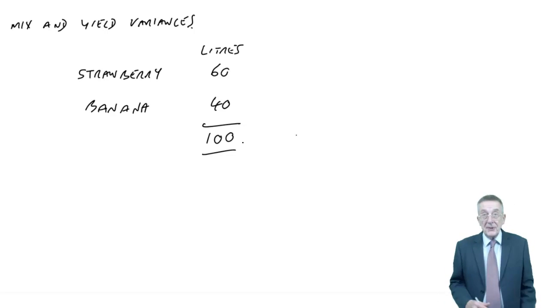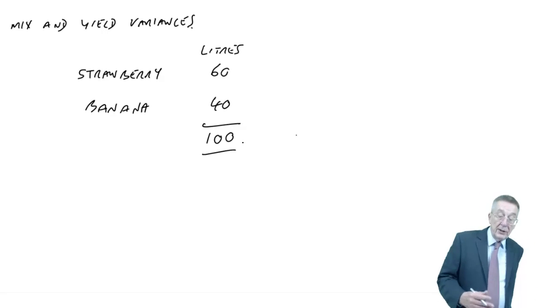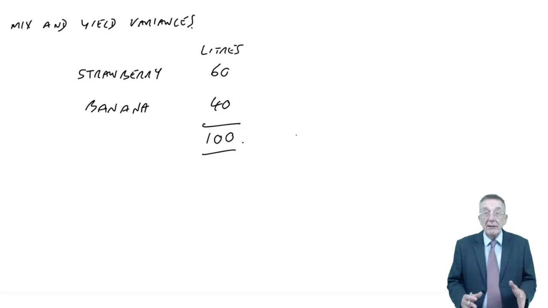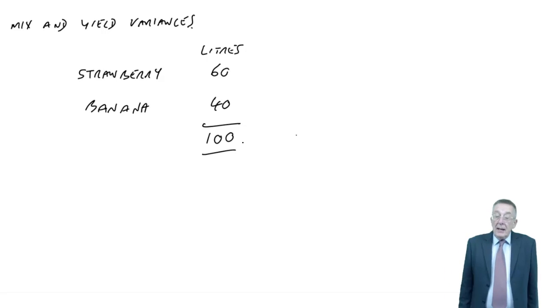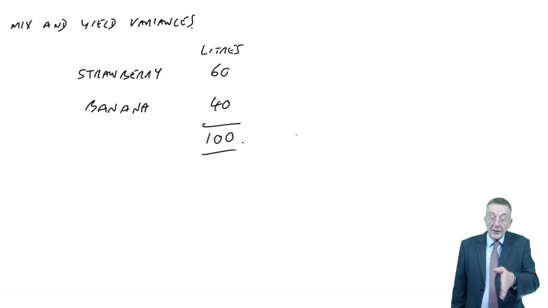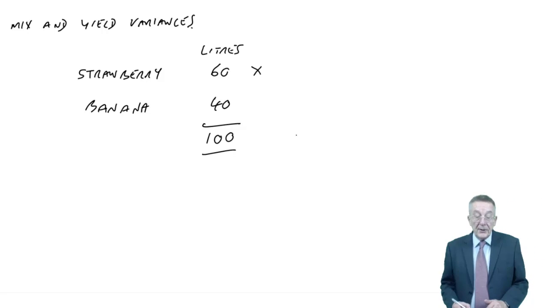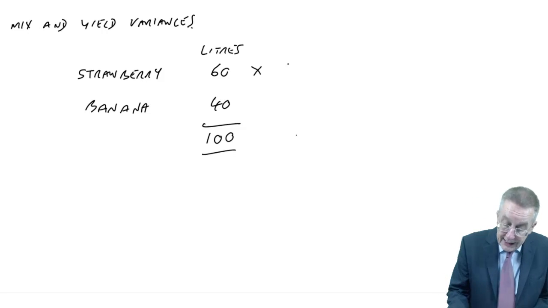They're my materials. And here you'd almost certainly be looking at just materials. So for materials, there's my cost card, or the start of my cost card. That's what I should be using for every 100 litres. Suppose the standard cost of strawberry is $8 a litre, and banana is $4.